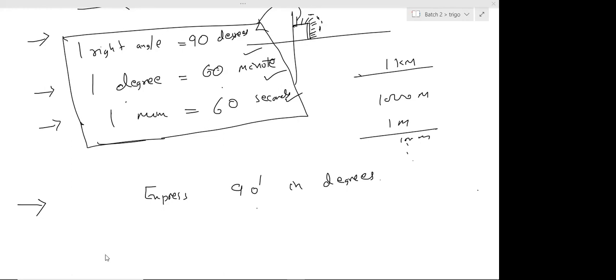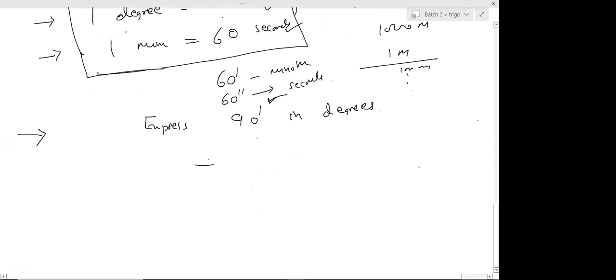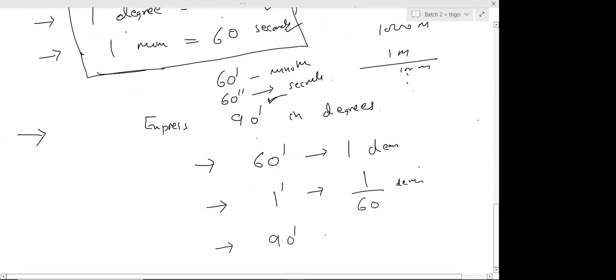This is the symbol for units. 16 minutes can be written as this. This is minutes, and if I write this, this is seconds. So how to simplify this? We know 60 minutes is 1 degree, right? 1 minute will be 1 upon 60 degrees. So 90 minutes will be 90 upon 60 degrees.